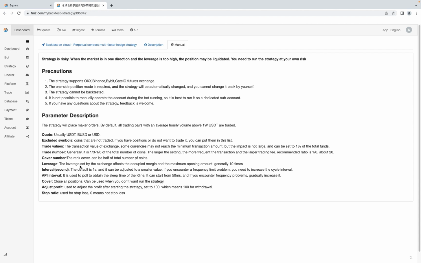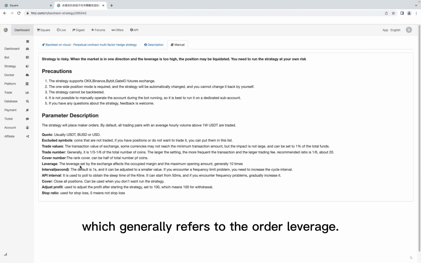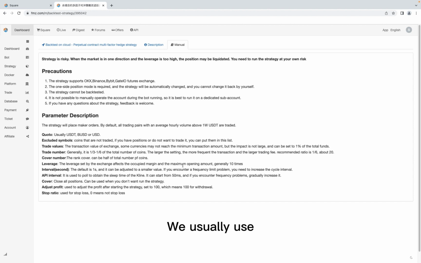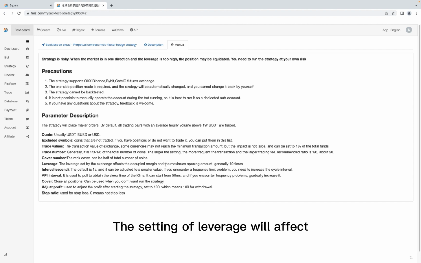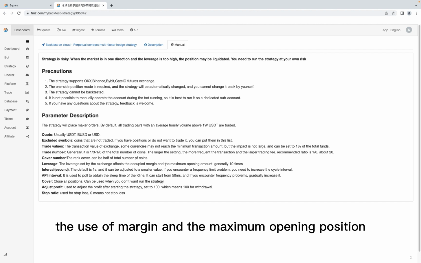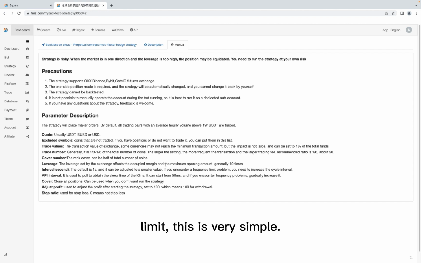The next parameter is called leverage, which generally refers to the order leverage. We usually use 10 times leverage, but you can also customize it. The setting of leverage will affect the use of margin and the maximum opening position limit. This is very simple.